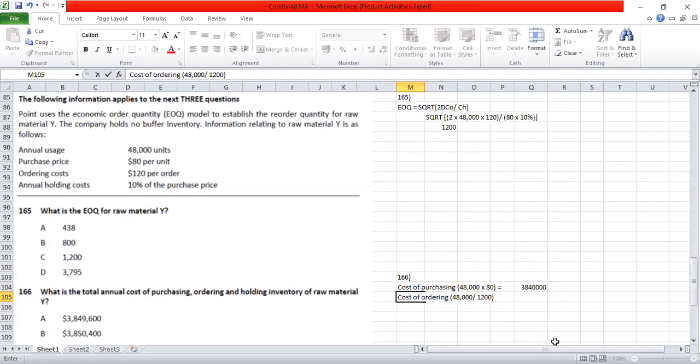That will be the number of orders. Each order valued at a cost of 120. $4,800.